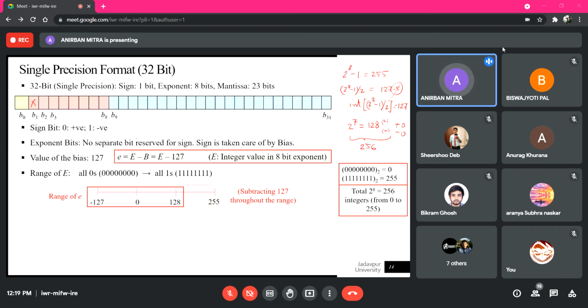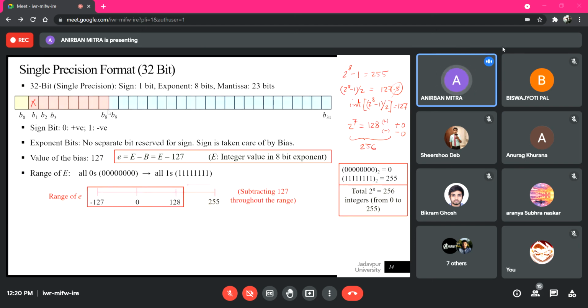Consider the case when the first bit of the exponent is 0 followed by 7 zeros. That is the positive 0. What about the case when the first bit of the exponent is 1 followed by 7 zeros? That is a negative 0. So we are using two different representations for the same number.